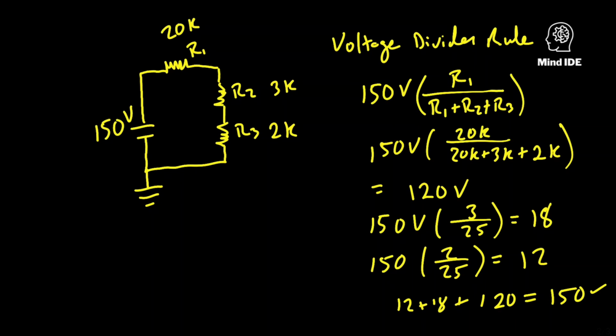And then again, if you want to find the current, you need the equivalent resistance, which is just adding those up.